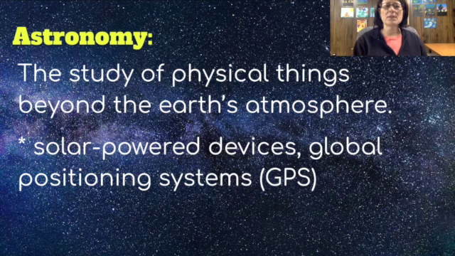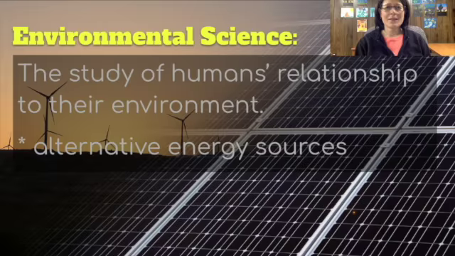Also, global positioning systems. There are satellites up there that help us with GPS. Our mapping programs that we have on our phones that tell us how to get from point A to point B are through developments in astronomy that we've been able to apply. Another branch is environmental science, the study of humans' relationships to their environment.